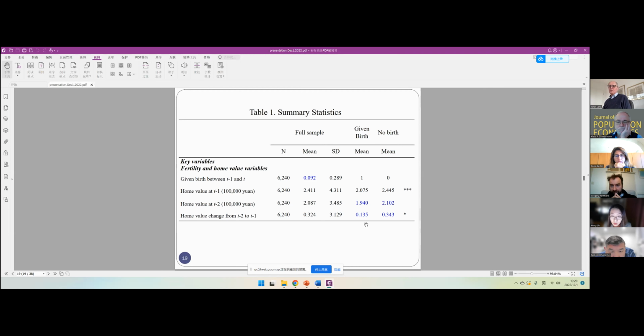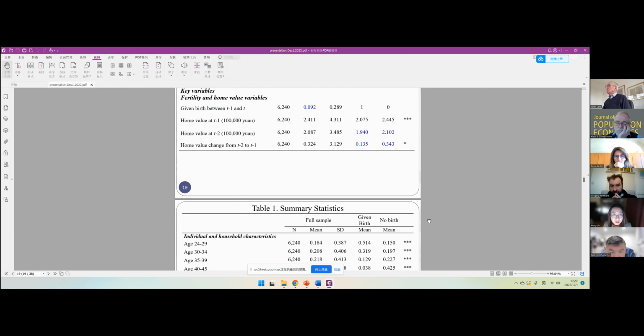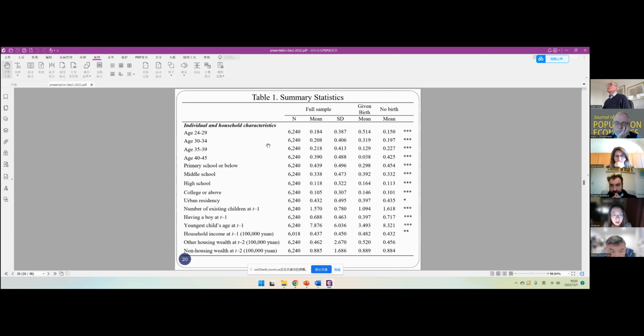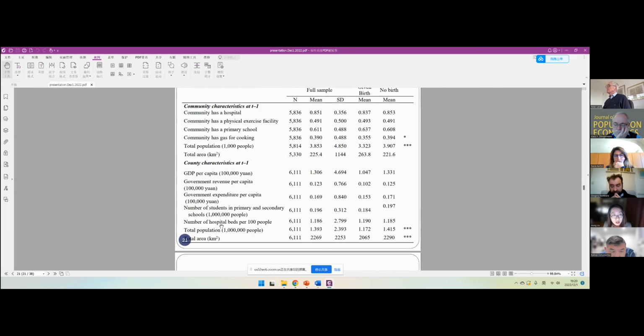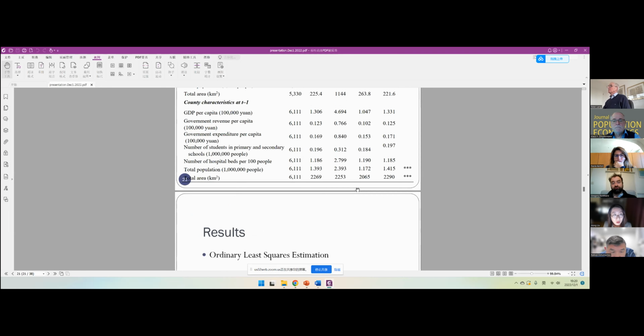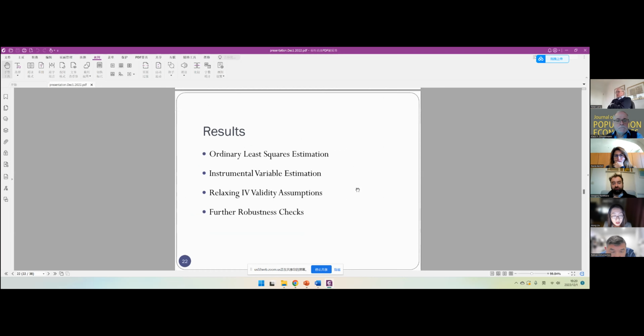But for a woman who gave birth, the lagged home value change tends to be smaller. And these are individual and household characteristics, community characteristics, and county-level characteristics that are controlled in the regressions.